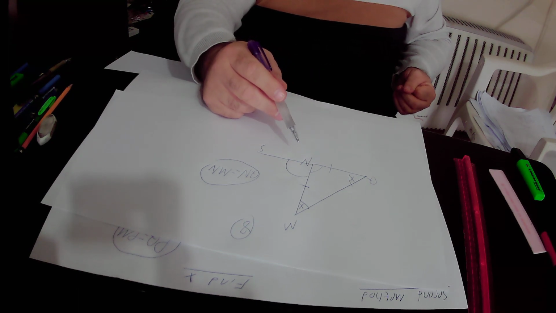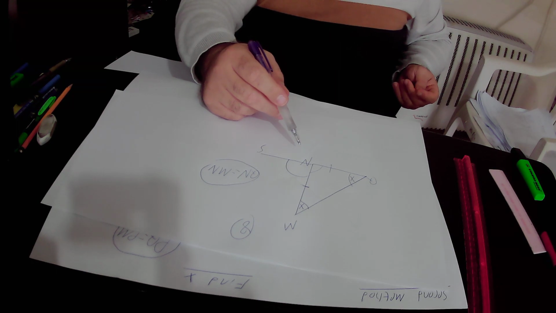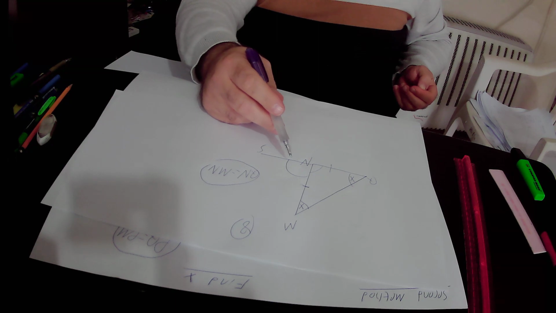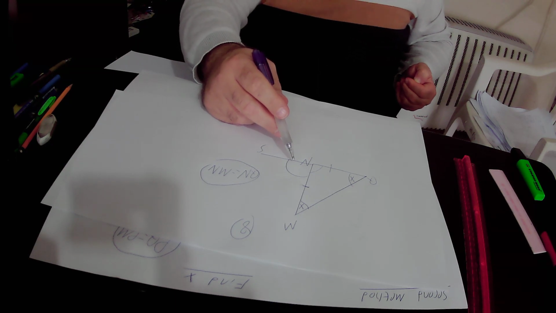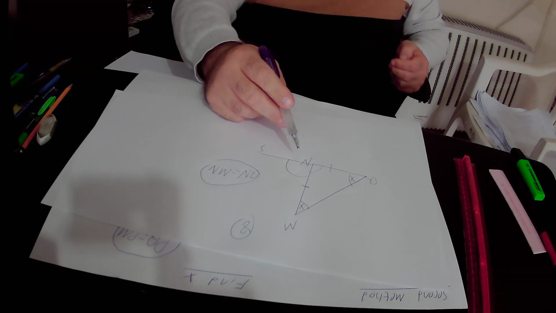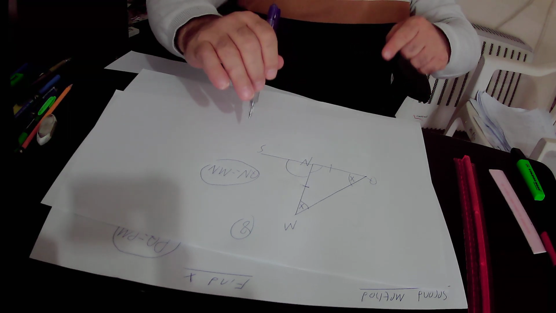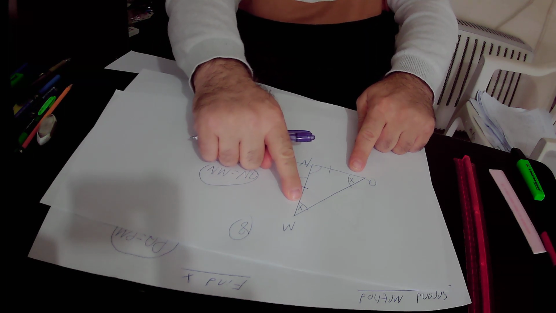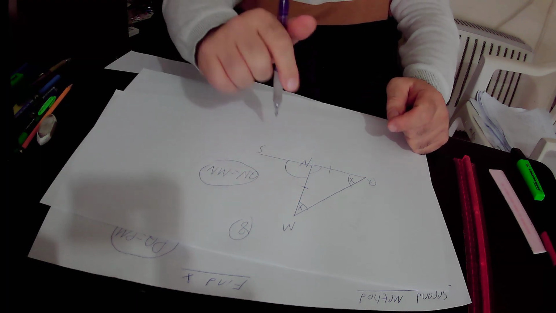According to rule number 4, the value of the exterior angle MNS is equal to the sum of the two angles that are not adjacent to it. The only two angles that are not adjacent to it are those two angles, and their sum is x plus x, which is 2x.